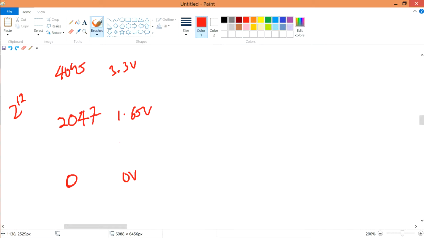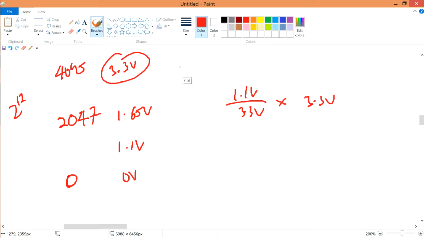If you want something like 1.1 volts, you take your input voltage, 1.1 volts, divided by the maximum voltage that you can supply, which in this case is 3.3 volts, and then multiply by your number of bits.